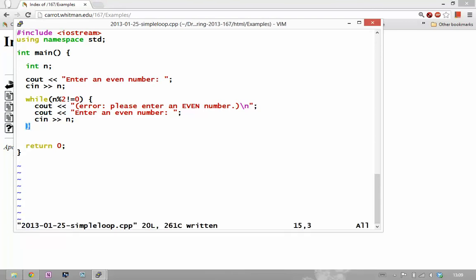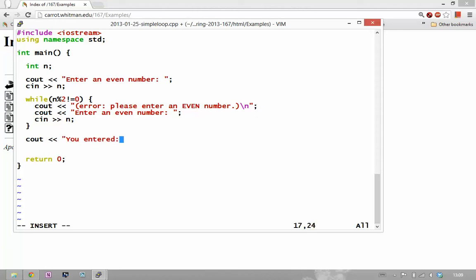And then down here we'll go cout, you entered n, which is an even number.